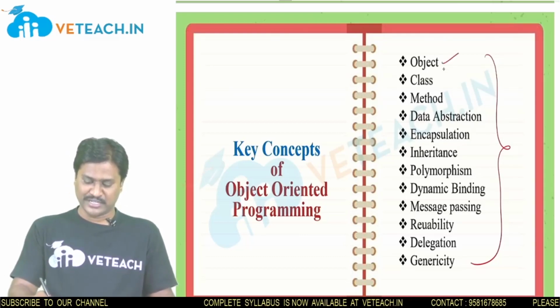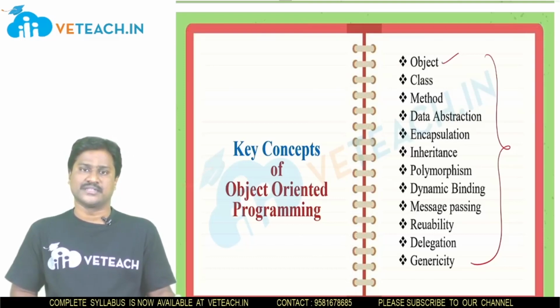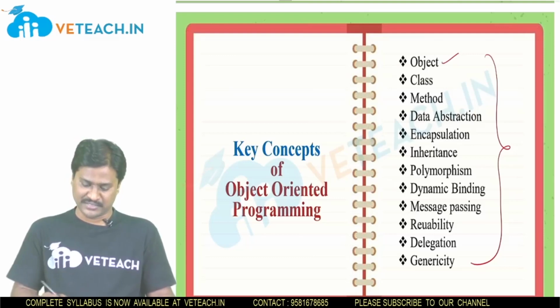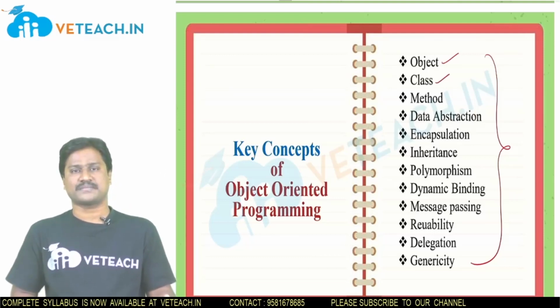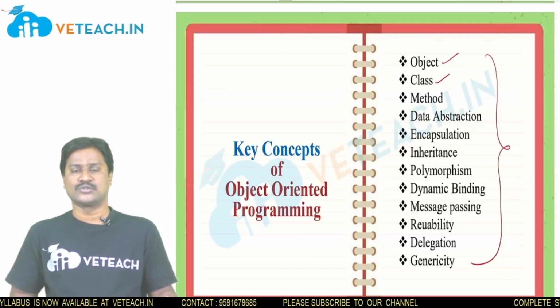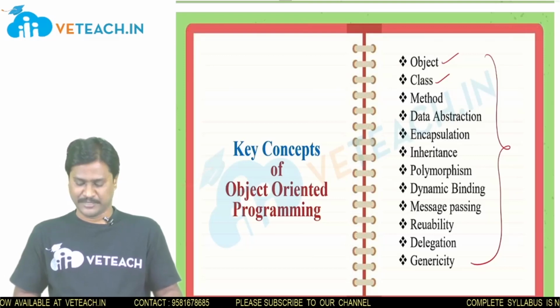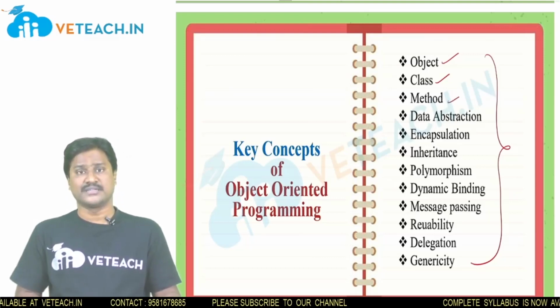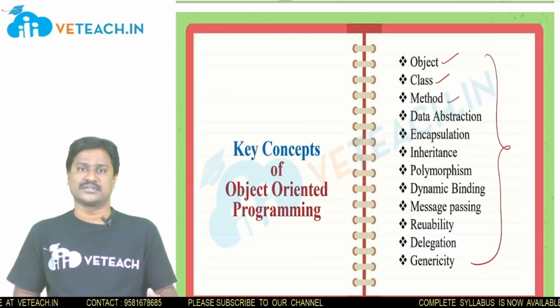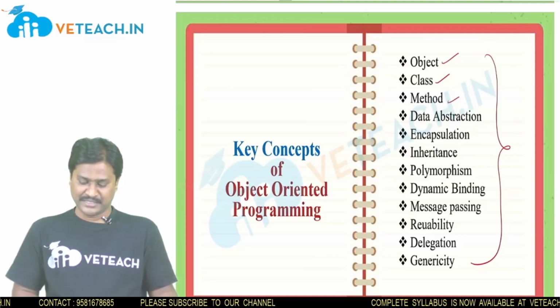The first one is, what is an object? An object is a runtime entity, an instance of a class. Then a class is a data type which holds the data along with the code; data and code meaning operations on that data. The class is a collection of members. Next, method. A method is a function which contains the operations that are going to be applied on the data.